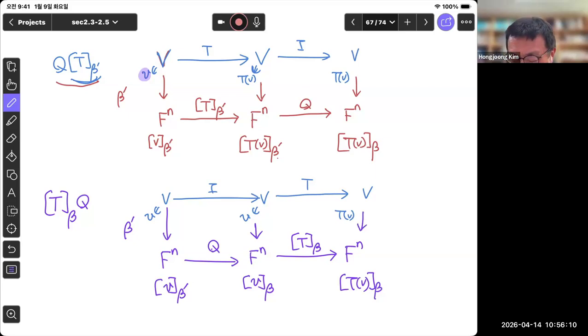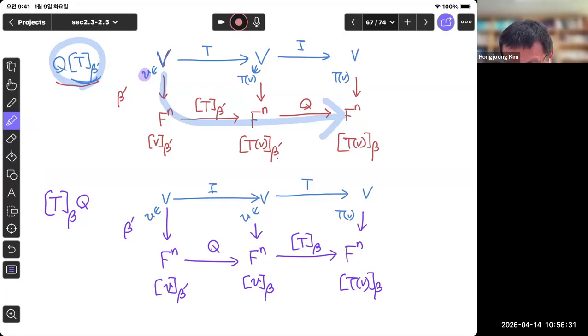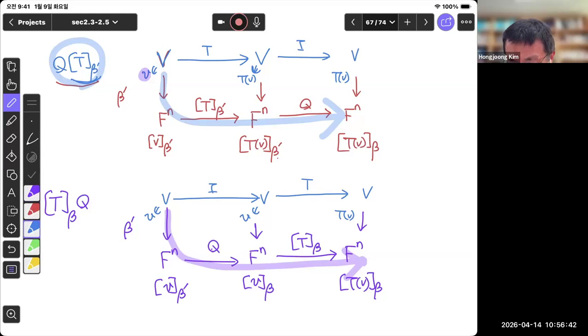So in the theorem, this product on the left considers this transformation, this approach, and the matrix on the right considers this transformation. So on the left, the T mapping is considered first, and then the identity mapping is applied.